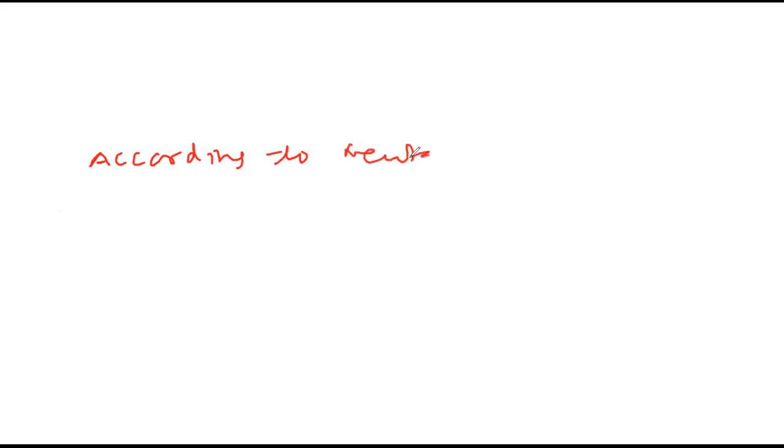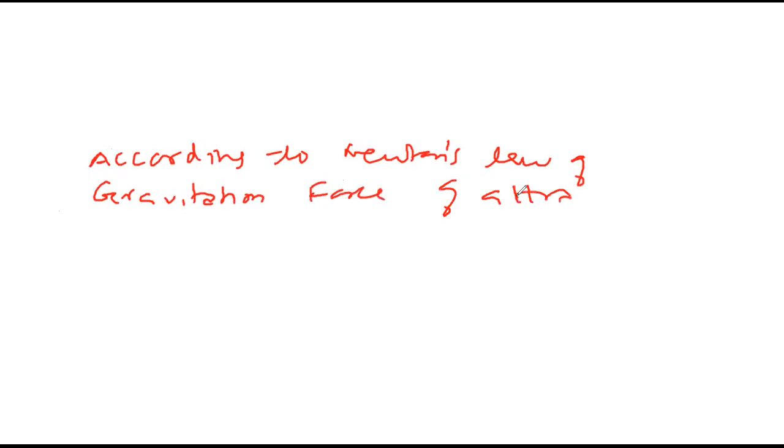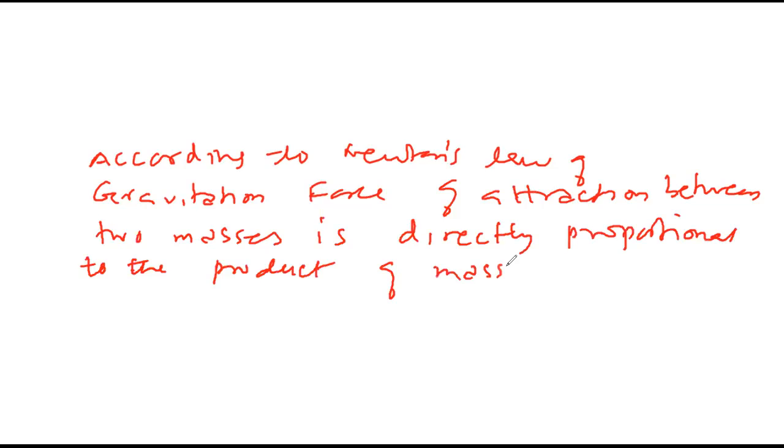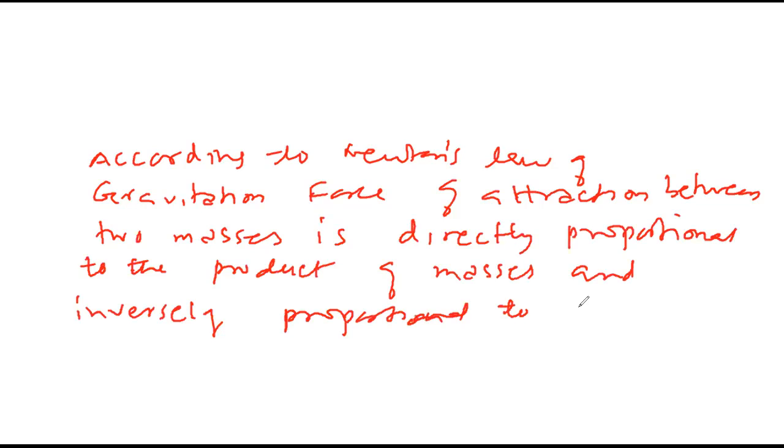According to Newton's law of gravitation, force of attraction between two masses is directly proportional to the product of masses and inversely proportional to the square of distance between them.